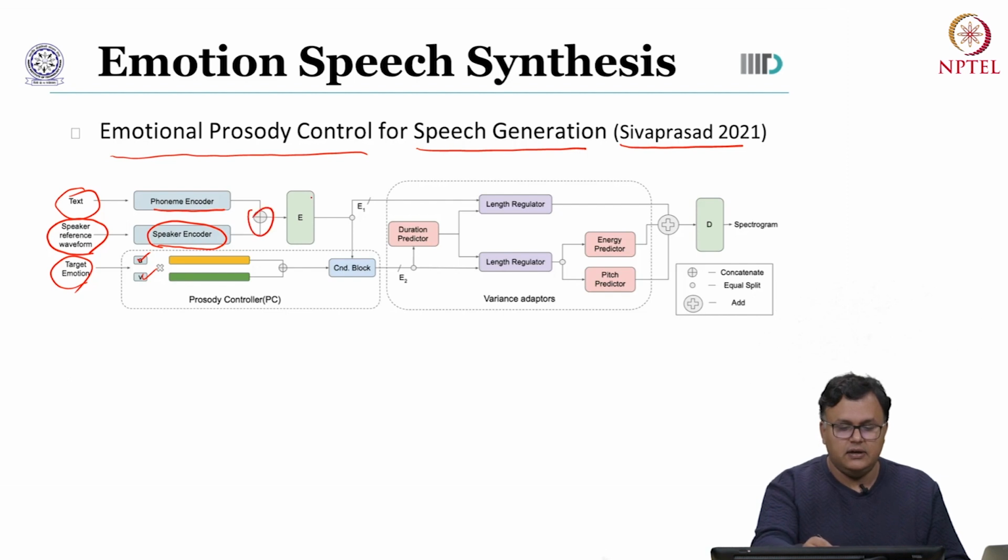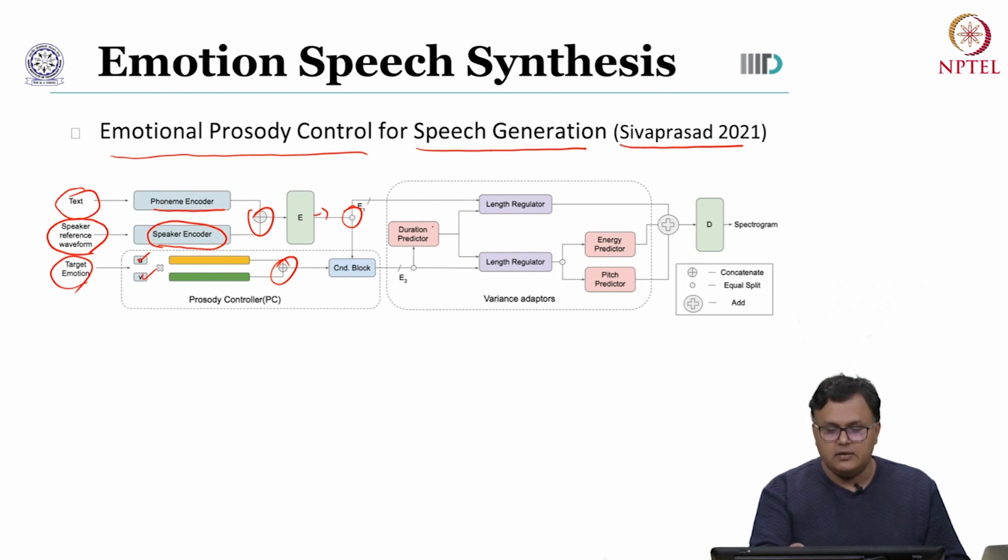These are concatenated, input into an encoder. In parallel, we have the AV, the arousal and valence vectors, which are concatenated, and later we are concatenating that with the input from the phoneme and speaker encoder.